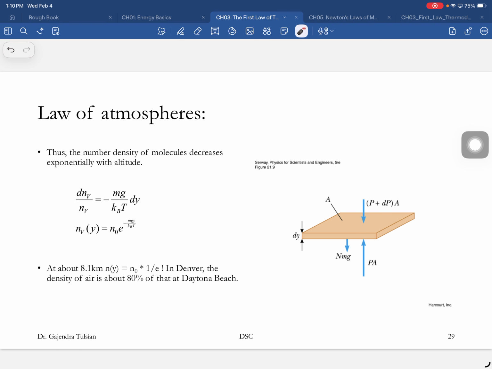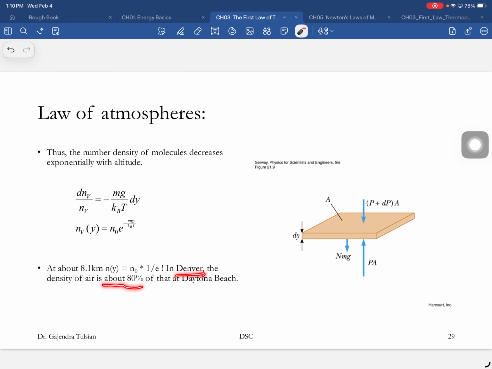So if you put in the numbers, at about 8 kilometers, which is 5 miles, the number density is about 35% of the sea level density. And Denver is 1 mile up, not 5 miles up.